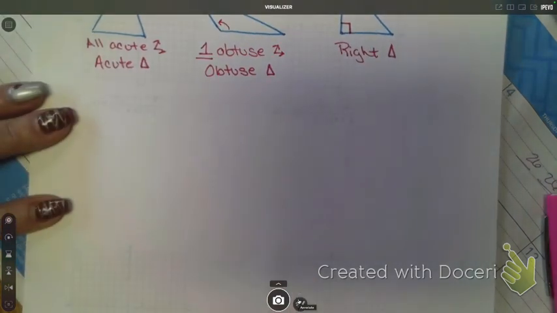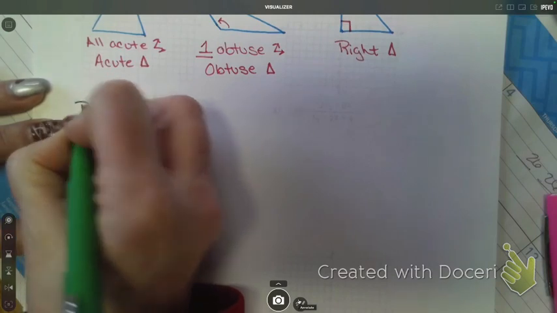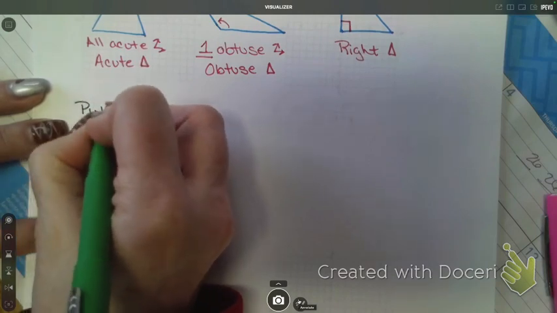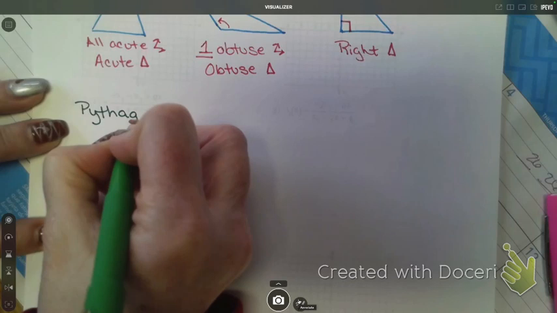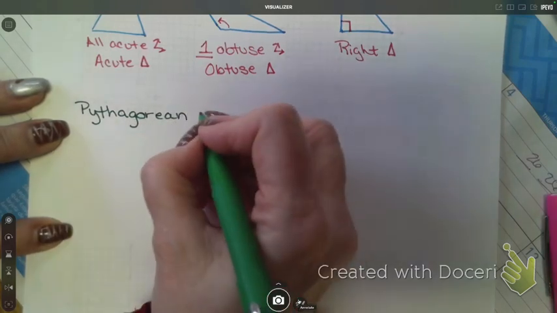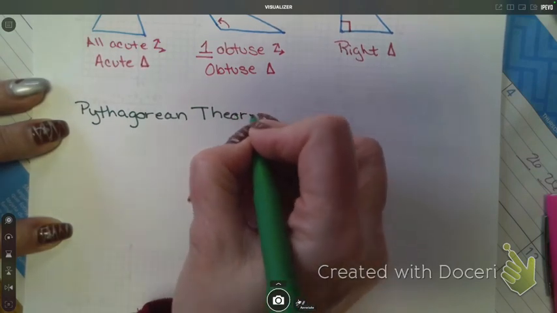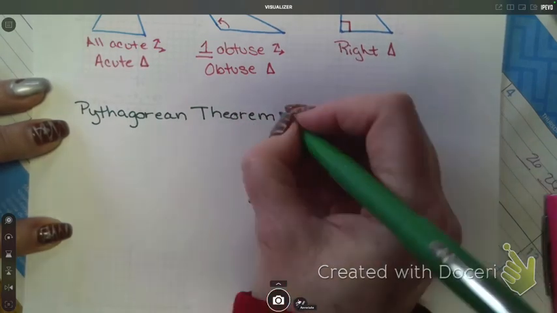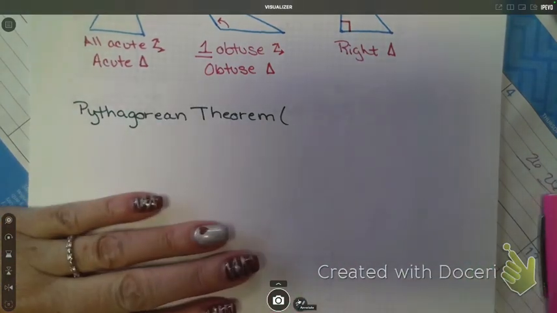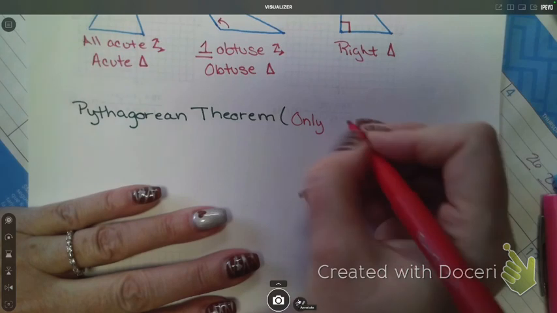Okay, so we have the wonderful thing that you can only use on right triangles: the Pythagorean theorem. That's a hard word. And we need to put in big bold letters, only use on what?